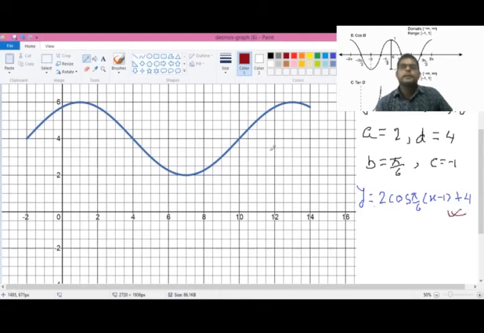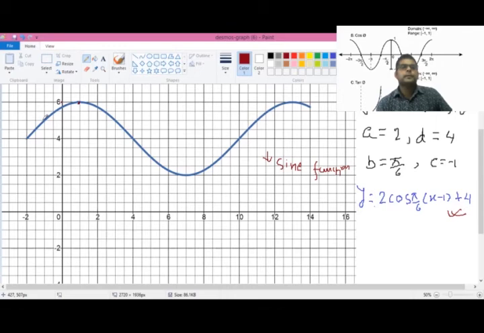What if you consider that to be a sine function? You know that the maximum of cosine occurs at x equal to 0, but the maximum of sine occurs at x equals pi by 2.